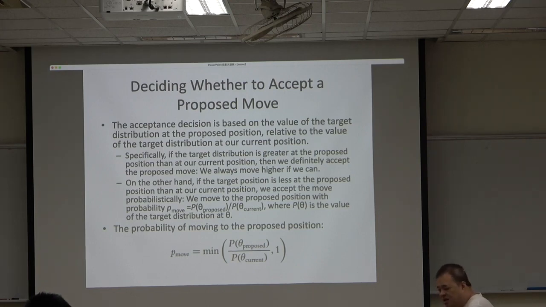You can see that what the proposal distribution impacts is how quickly the sampling process converges to the target distribution, but it doesn't really create a problem of convergence.